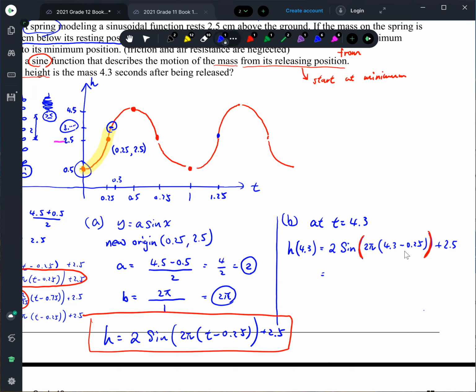Okay, please raise your hand if you have a number. Okay, Evan, what's your answer? 3.36. Okay, anyone else? Daniel, what's your answer? 3.118.